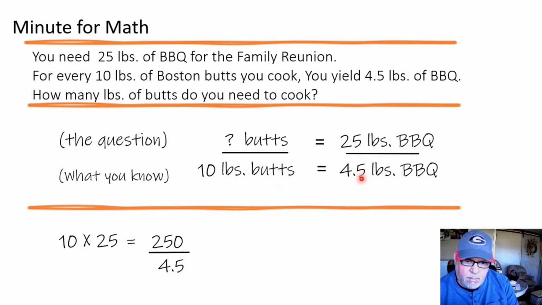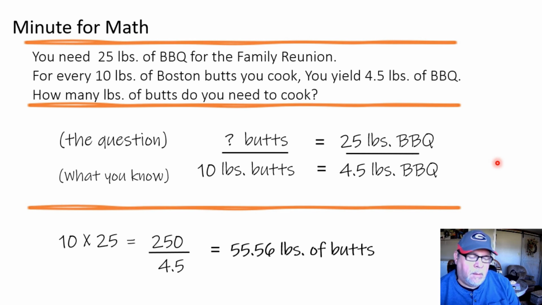Alright, then we divide that by 4.5. And what do we get? What'd you get? I got 55.56 pounds of butts. That's a lot of meat. But that's how many you got to cook to get 25 pounds of barbecue.